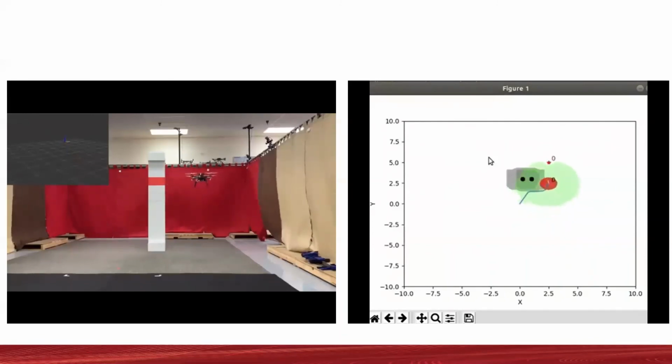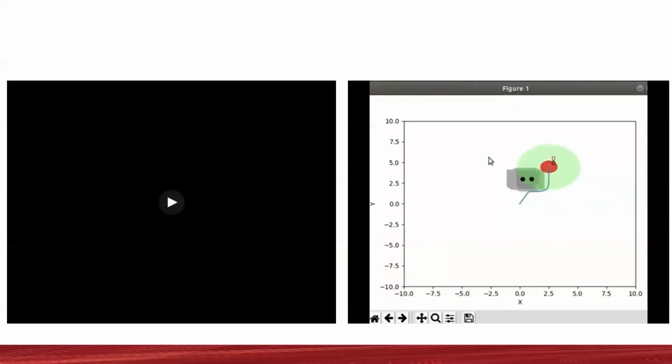On the right is the control barrier function simulation, and I'm taking the robot position from that simulation and publishing to the setpoint topic that MAVROS expects on the drone, and the drone follows these waypoints as the drone is switched to offboard mode.